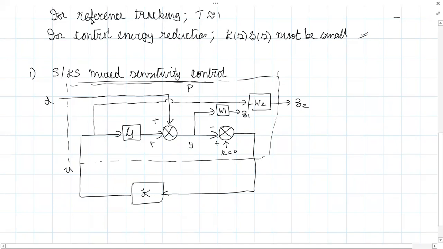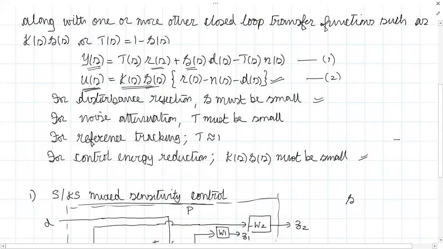So what is sensitivity here? What is S from here? It is the transfer function between the output Y of S and the disturbance D. Yes or no? Sensitivity is nothing but 1 by 1 plus GK, right?